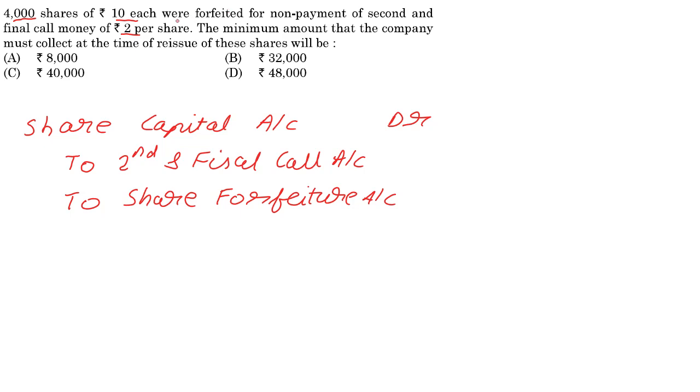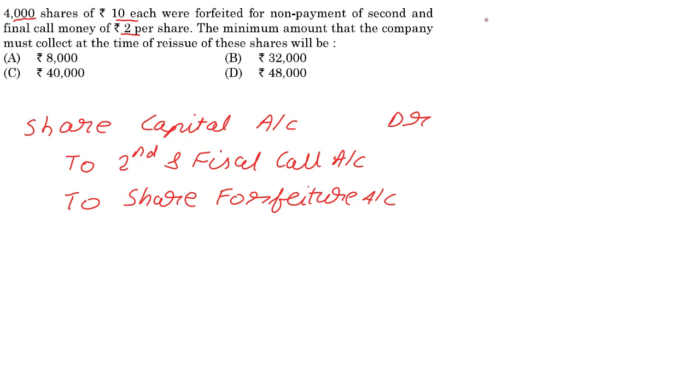Okay. And that called up value per share is going to be a full 10. And the reason it's going to be 10 is because the shares were forfeited because of the final call of 2 not being paid.